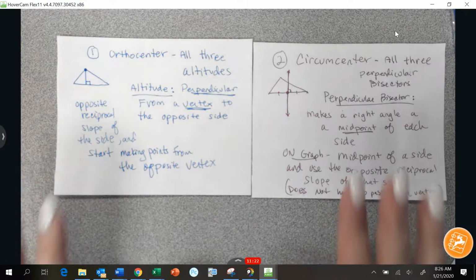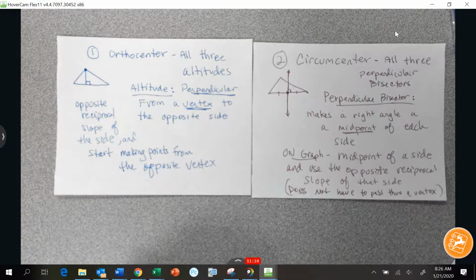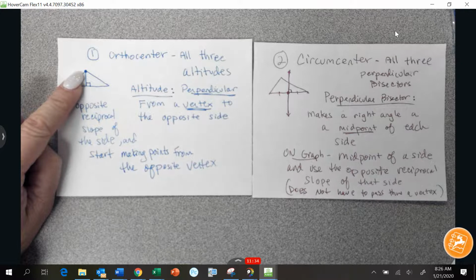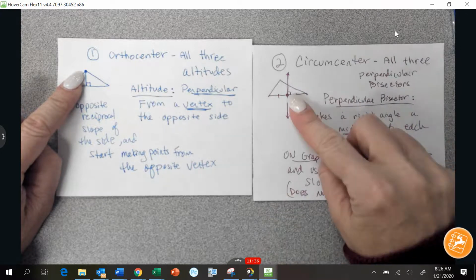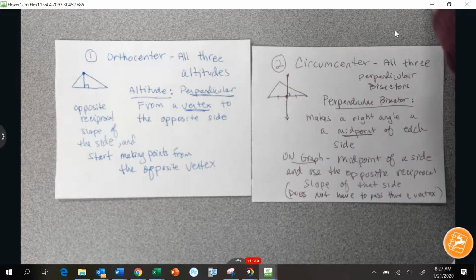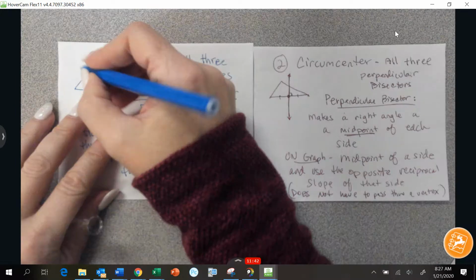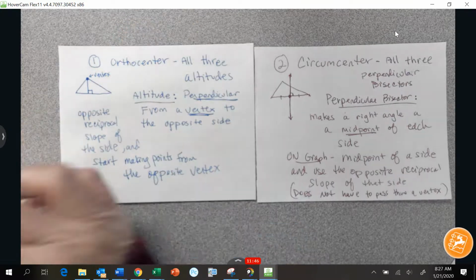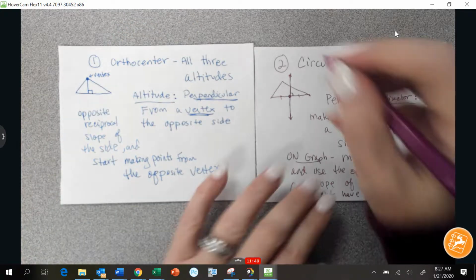Now, how are they different? Rakaya, can you tell me how they're different? Right, this one has to go through the vertex, and what does circumcenter go through? Right, what we go through is different. So I'm just going to add that onto my little picture here. Vertex and midpoint.